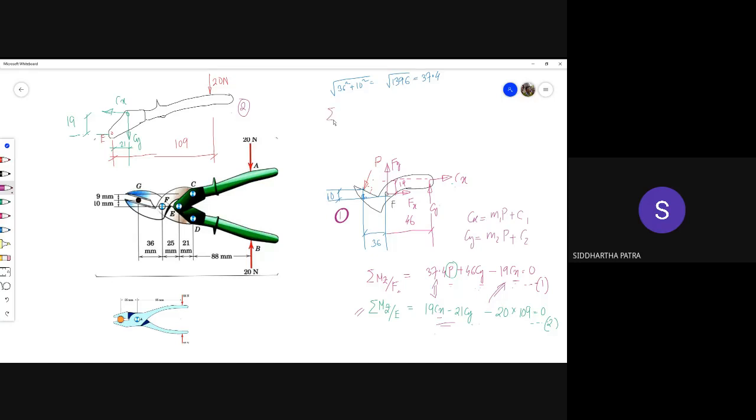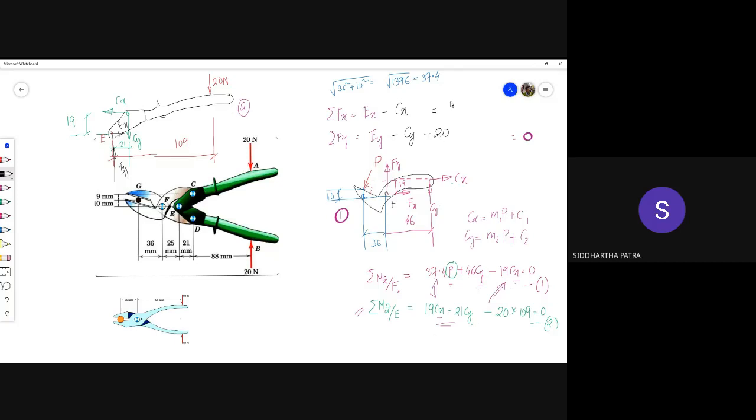And that I'll use simply to have Ey, oh sorry, I have not drawn the forces at E, such a mistake. So this is Ey and this one is Ex. So Ex minus Cx, Ey minus Cy minus 20.